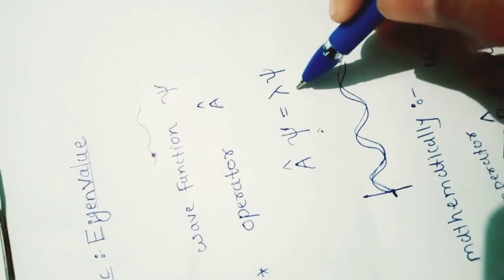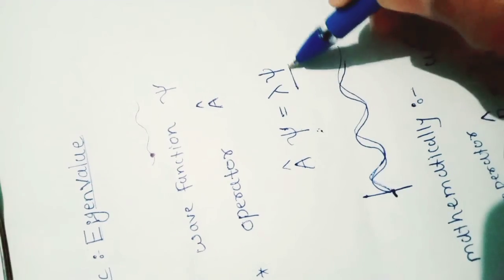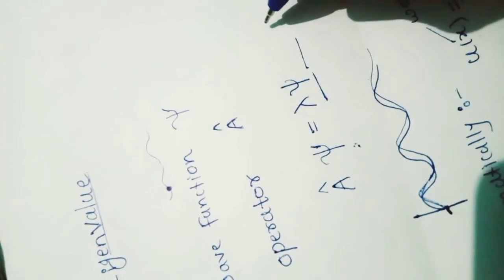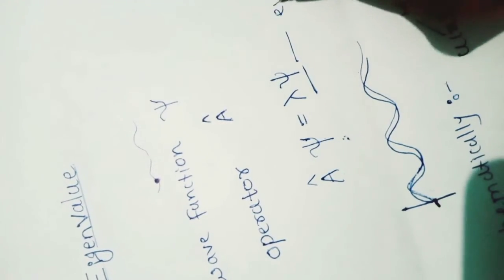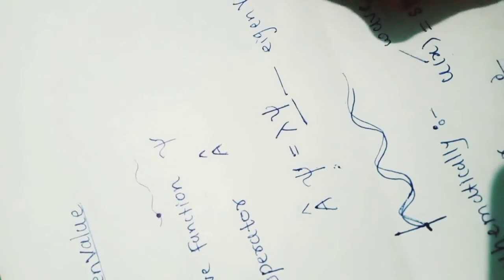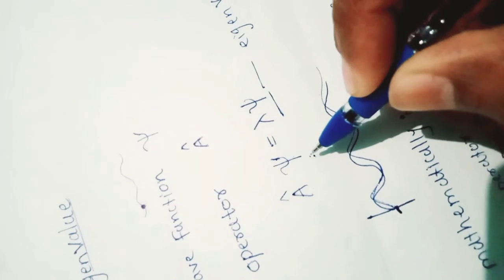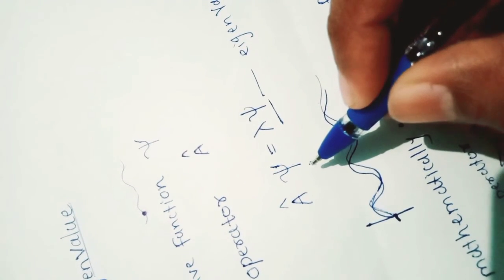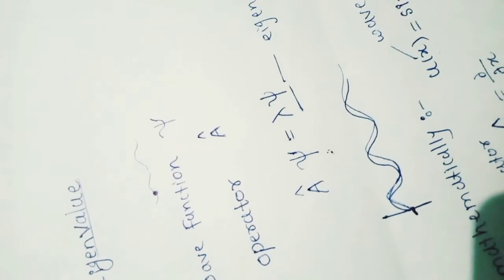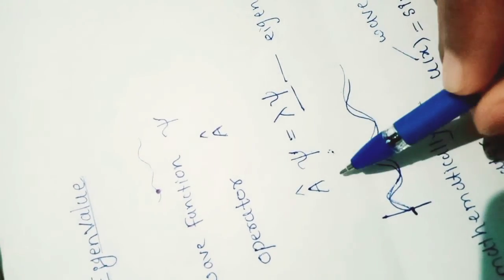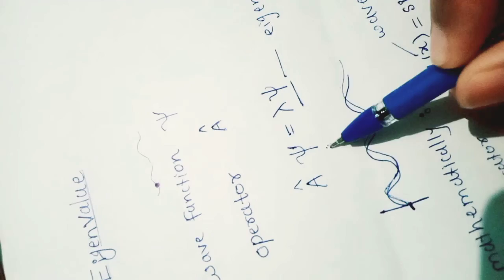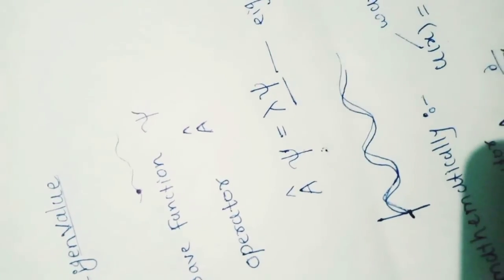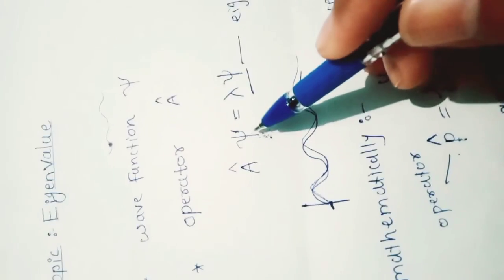The resultant we get, that resultant we know as eigenvalue, and the function on which we operate we call eigenfunction.